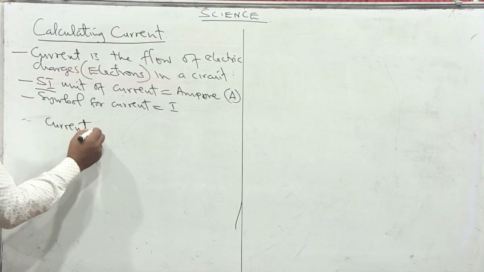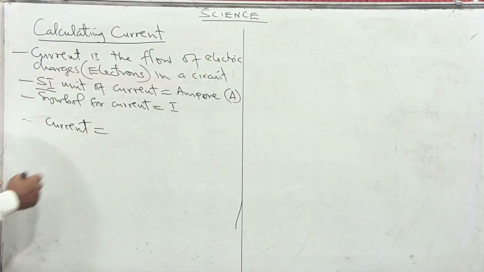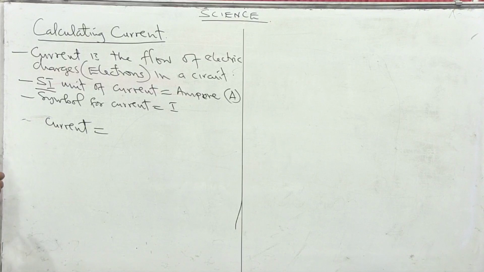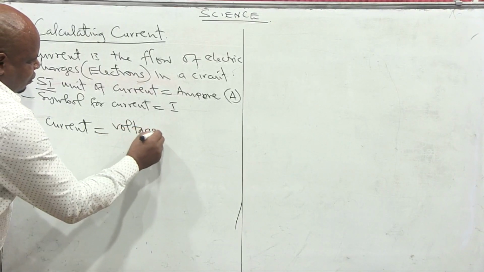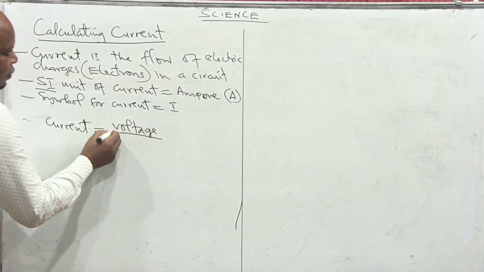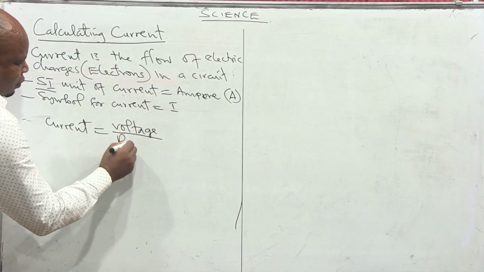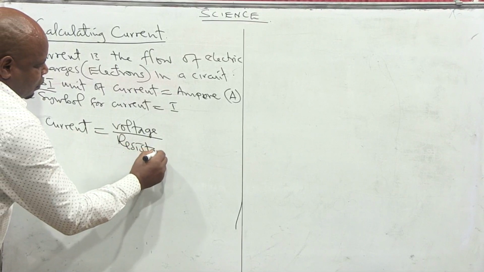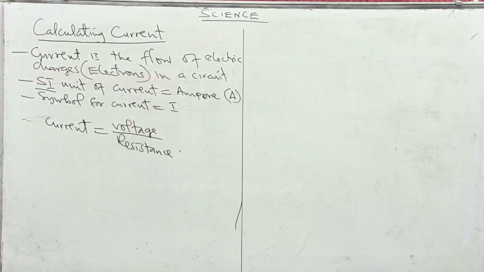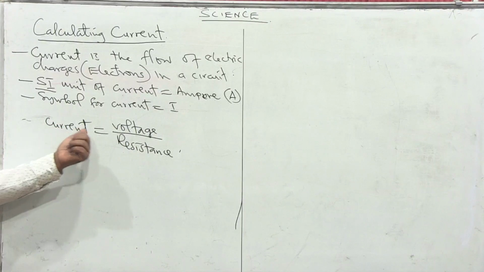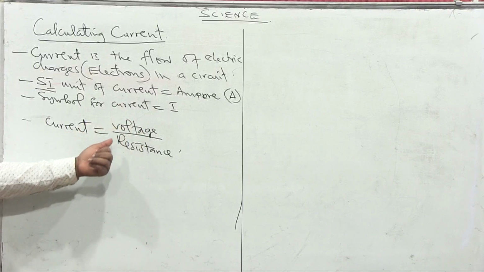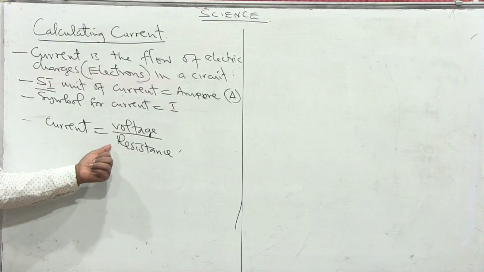Current is given by this formula: current is equal to voltage divided by resistance.